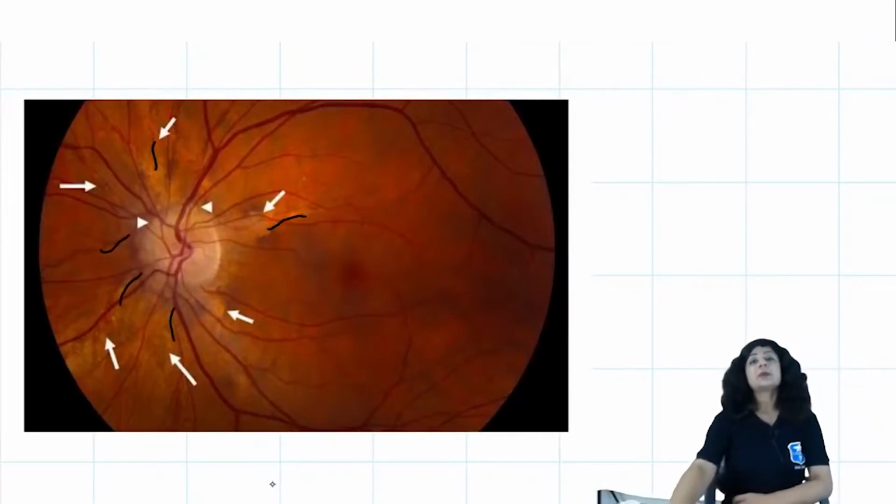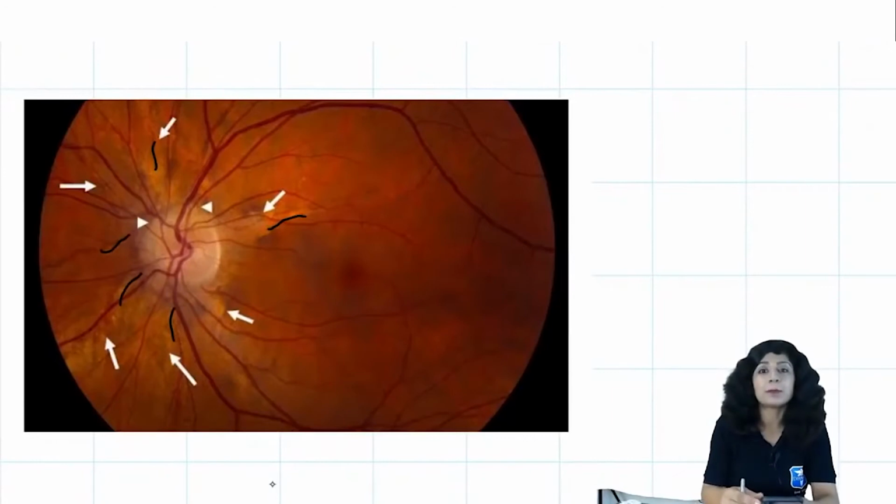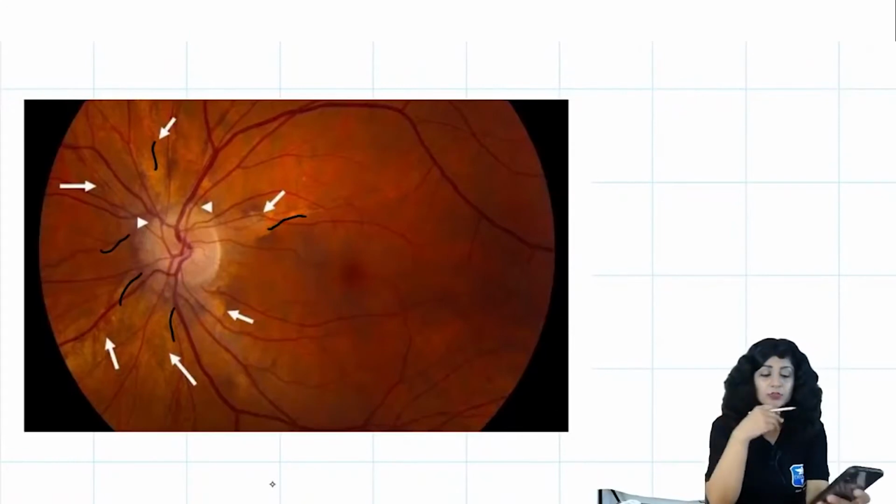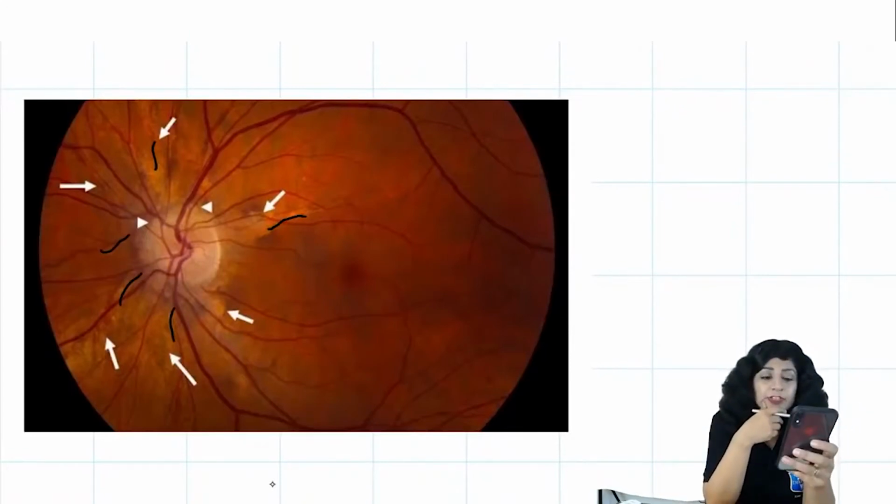One was retinitis pigmentosa, one was your salt and pepper retinopathy, and one is this. Can you tell me this one? So anybody who can tell the diagnosis here?